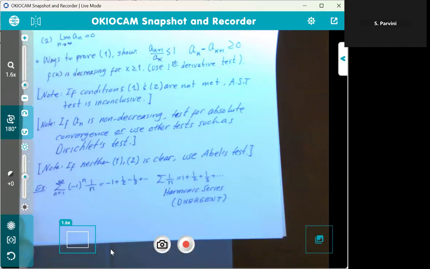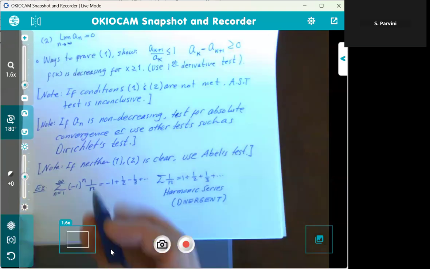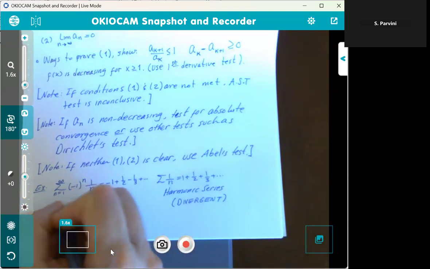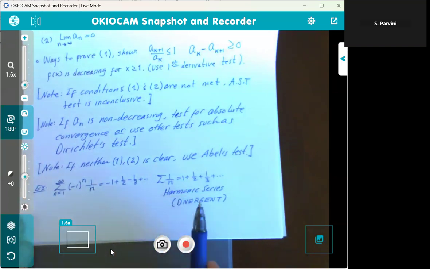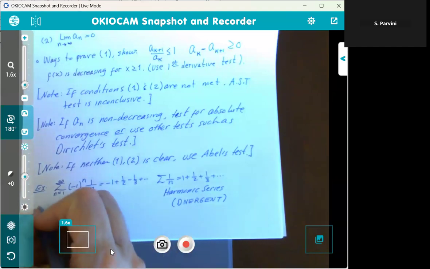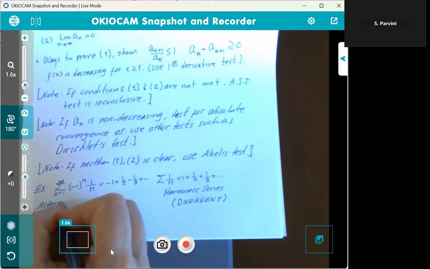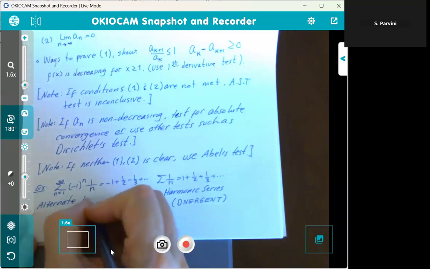That's the form of this series. And this is what we call an alternating series, because the signs alternate. And the series itself, which resembles the harmonic, is called the alternating harmonic series.